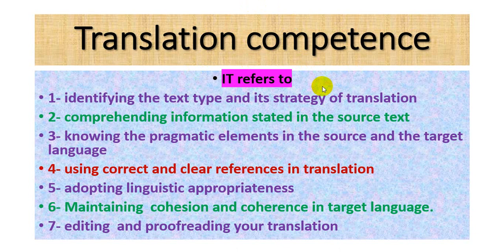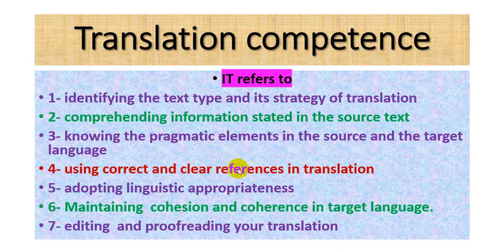Should we translate it literally? Should we translate it by some kind of adaptation? Or should we have a similar style? And then you need to find out the information stated in your source text and target text.